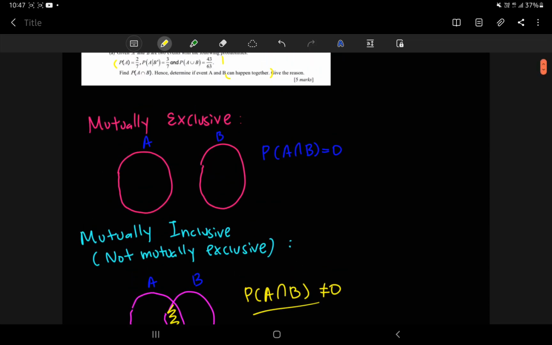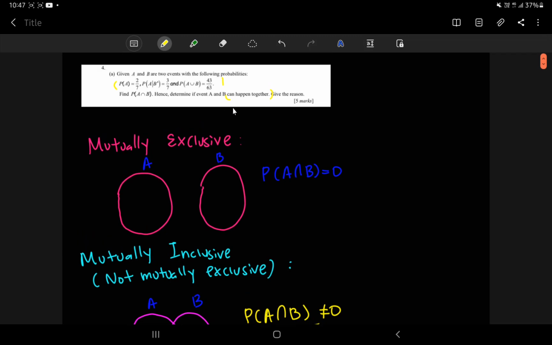Referring back to the question, we need to show whether the probability of A intersection B is 0 or not 0. If 0, then the events are mutually exclusive, else they are mutually inclusive.